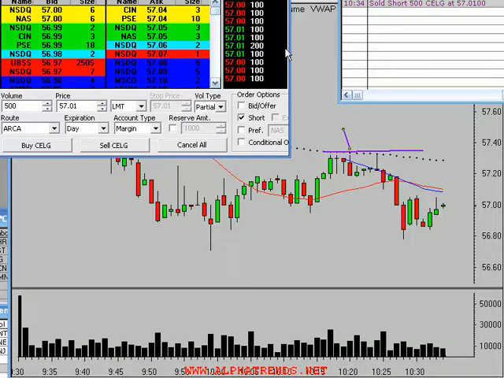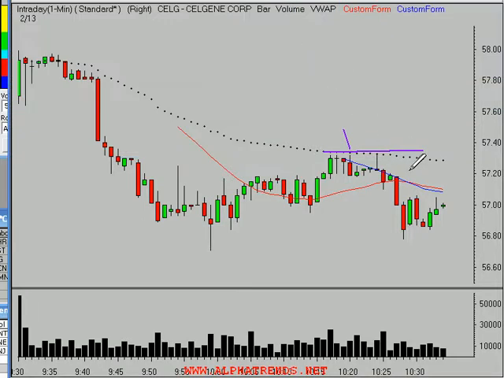So now the first thing I have to do is take a look at what my risk is going to be. Right now you can see the daily VWAP right here is about 57.30 or so. Now what I want to do, like I said, is look at risk first. So I think that my risk should probably be, this looks like an important level here this morning, 57.18. I'm not going to give it all the way up here.